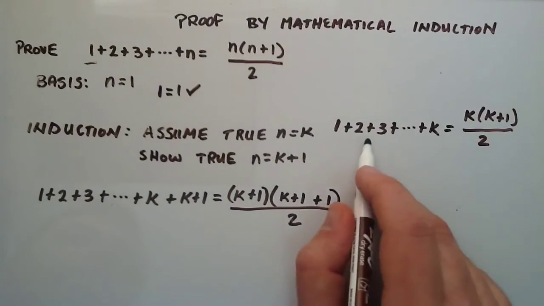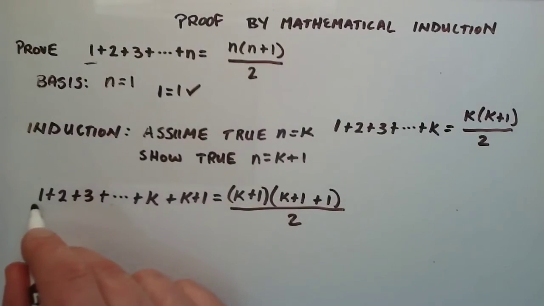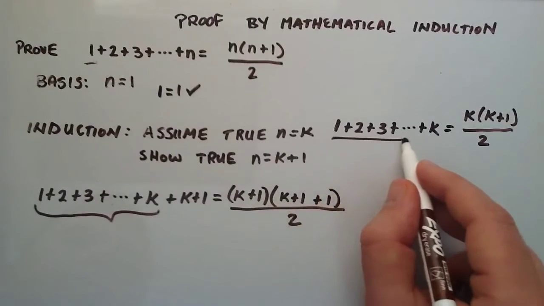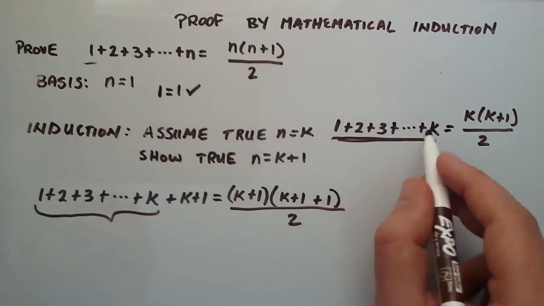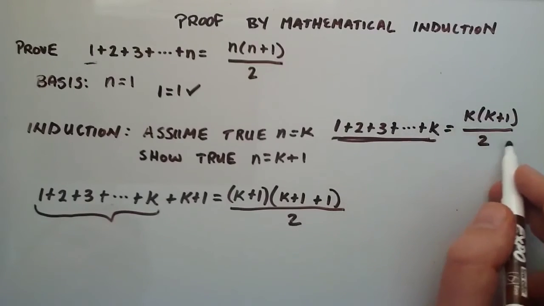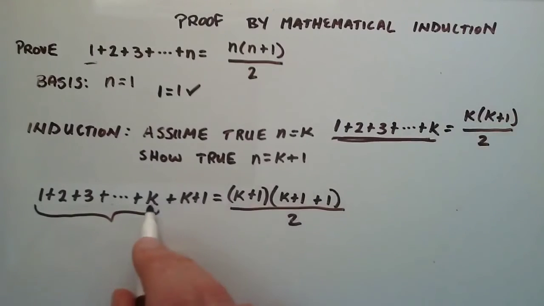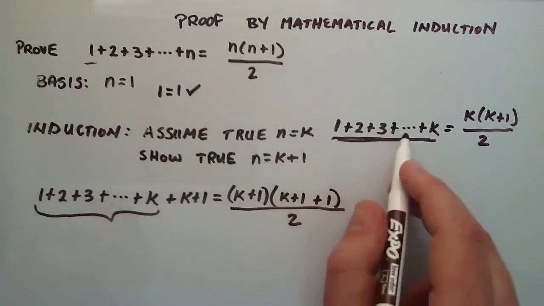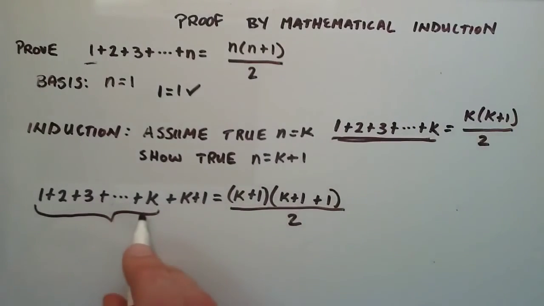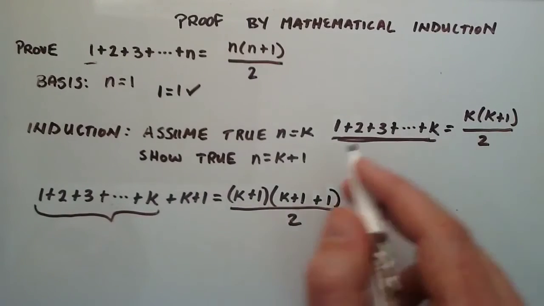So what we're going to do with this assumption is, if you notice right here we have 1 all the way up to k, so that's the same as what we have right here. And since we're assuming this is true, we can use this right here to replace this, because these are the same. So we're just going to replace all this stuff with the right hand side of this assumption.